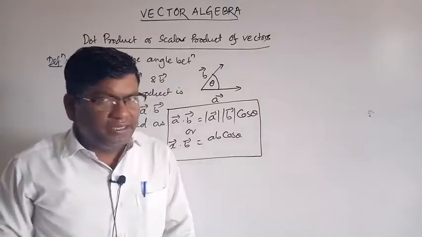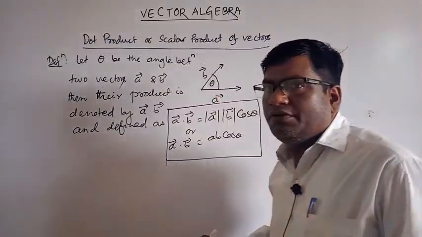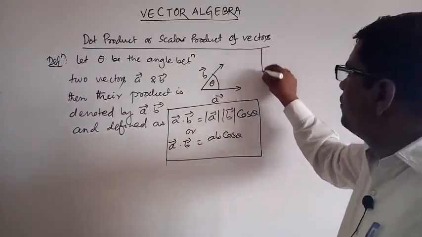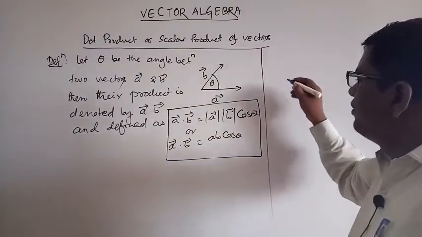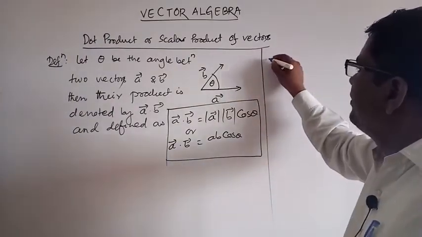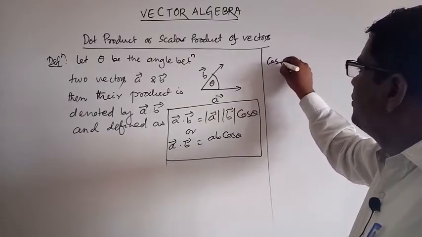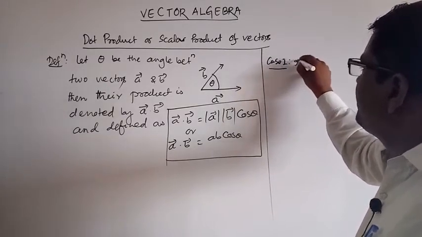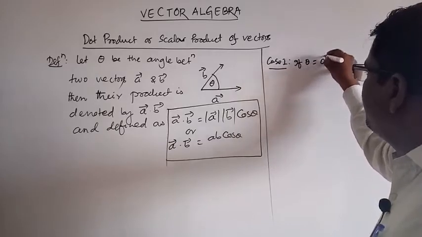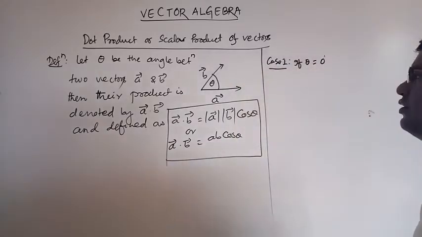Now, case 1: if theta is equal to 0 degree, then what is A dot B?